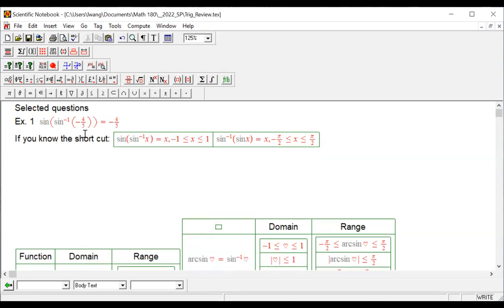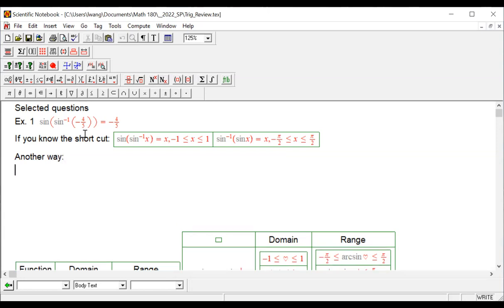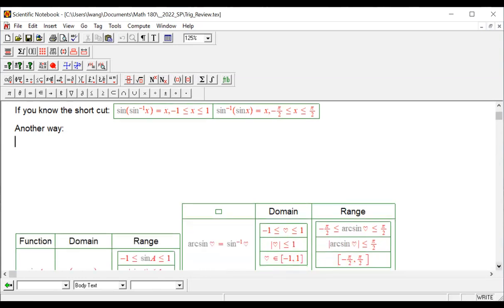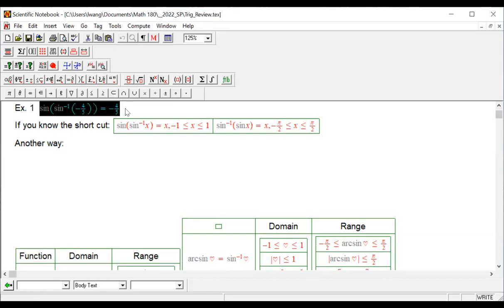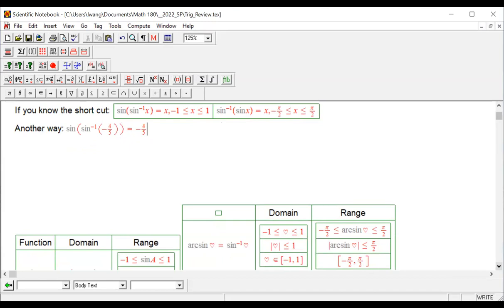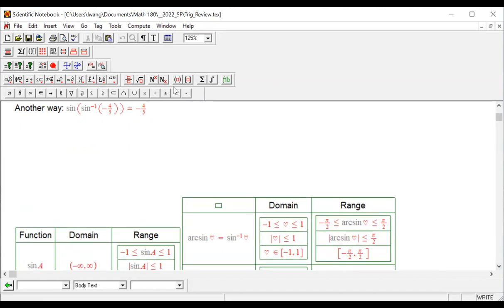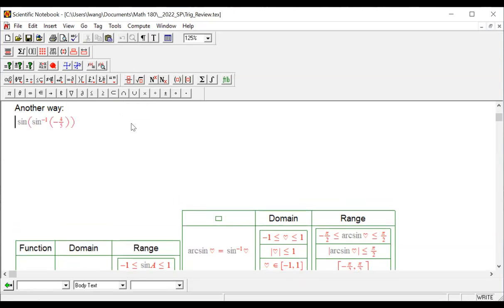Obviously, this fits the first shortcut, so the answer is very straightforward. But what if you have forgotten the shortcut? Another way to do this: you can always go back to the basics.